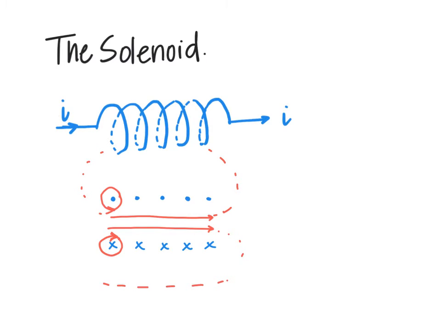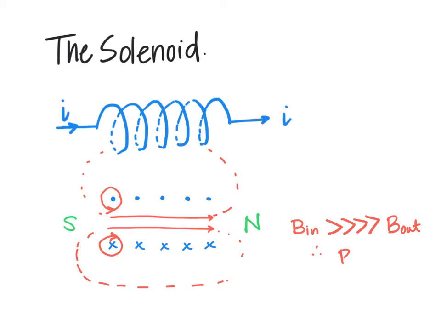But we do have an overall north pole and a south pole of this solenoid. So the magnetic field inside is much, much greater than the magnetic field outside.